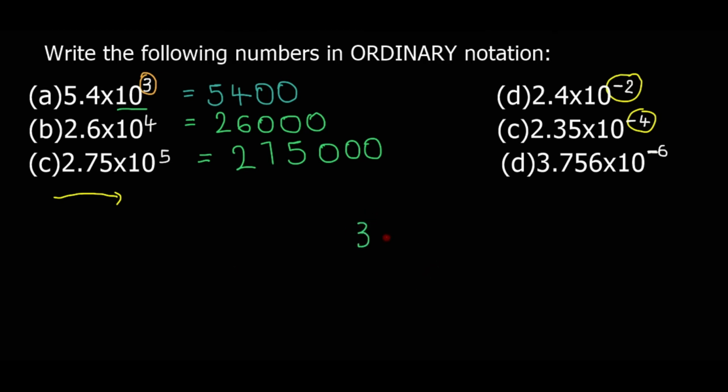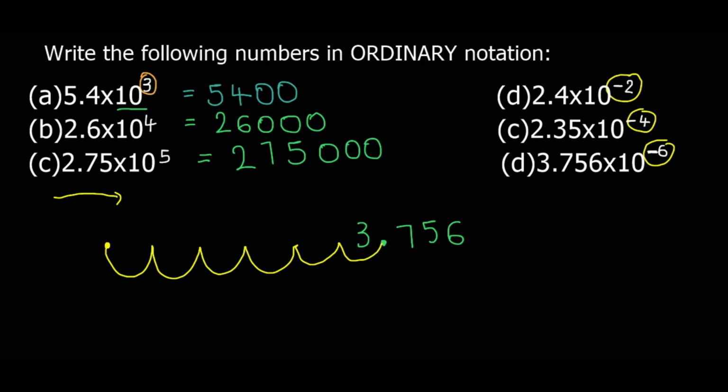We will do the same thing. Because our exponent is negative, we will move 6 units to the left. 1, 2, 3, 4, 5, 6, and then we add the 0.